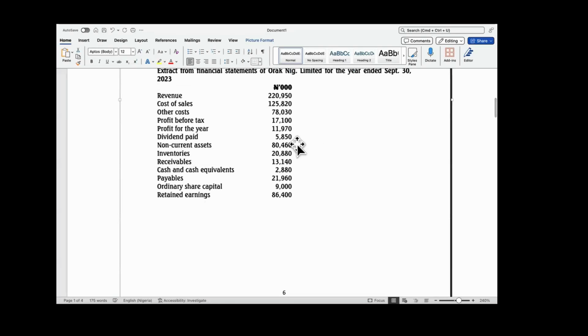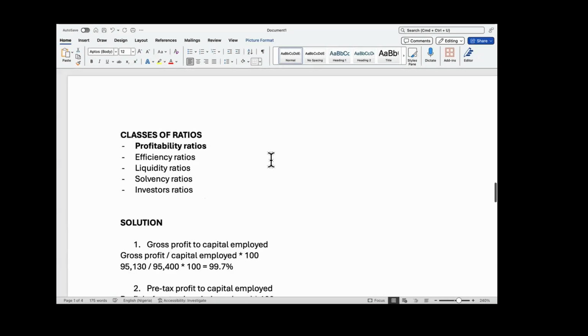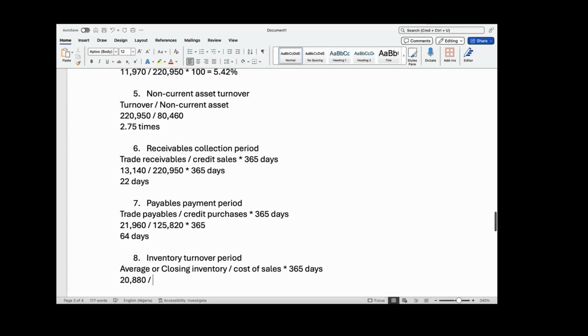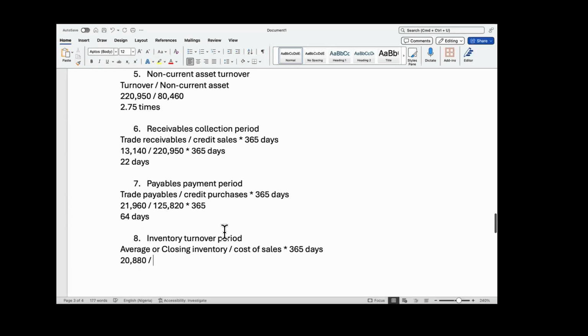The question gave us our inventory as 2880, divided by cost of sales. We use cost of sales here, 125,820, multiplied by 365.